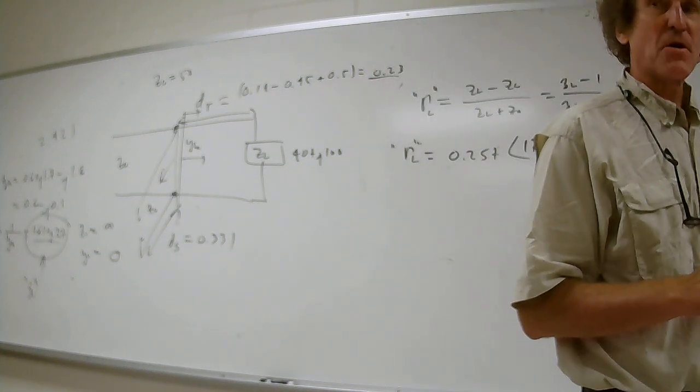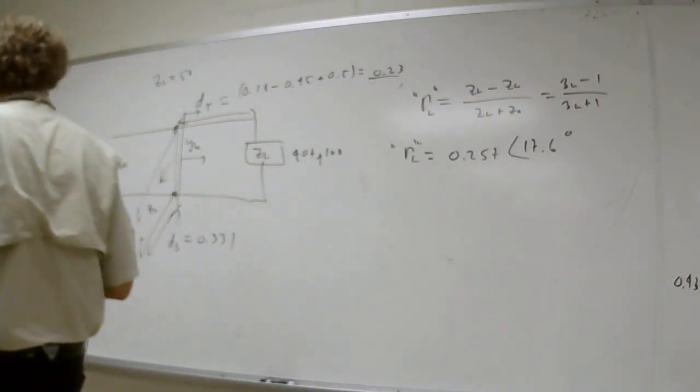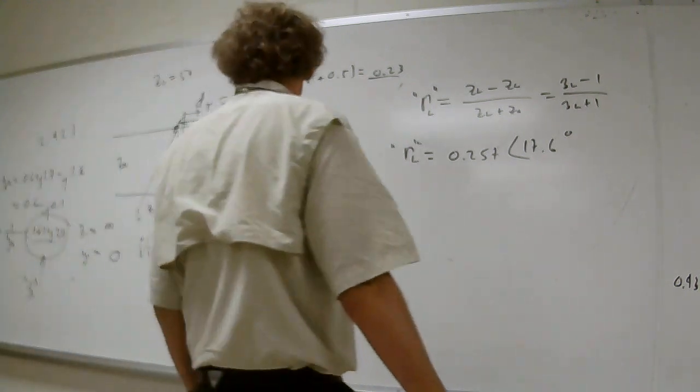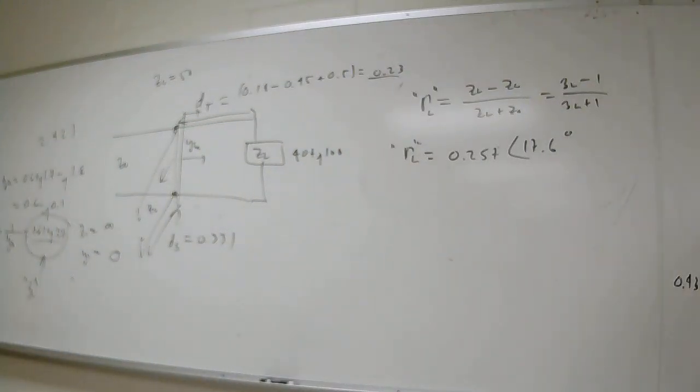Now, on a Smith chart, can we plot this point? I just want to do this one, okay? Can we plot it? Remember, it's Z, not Y. Where is that about? We got 1.62, which is inside this circle. I'm just going to erase this stuff and show you what I'm talking about.